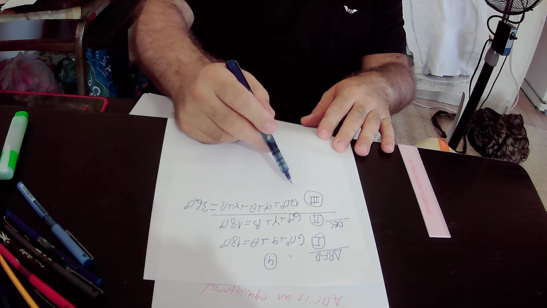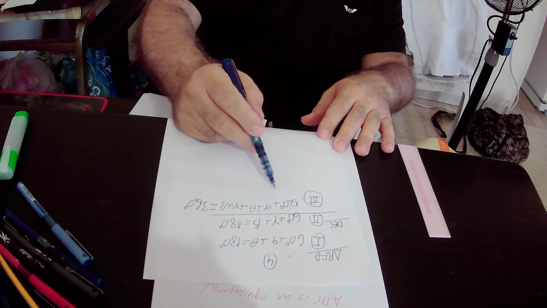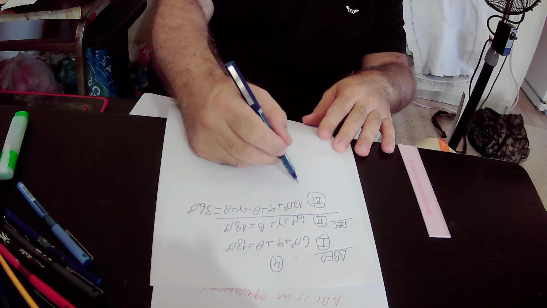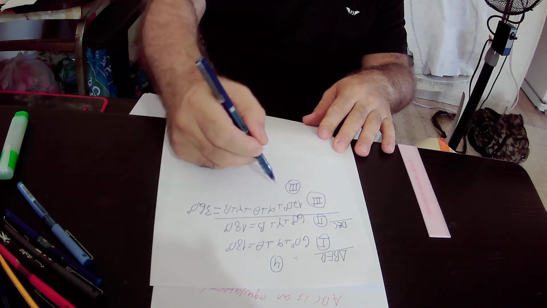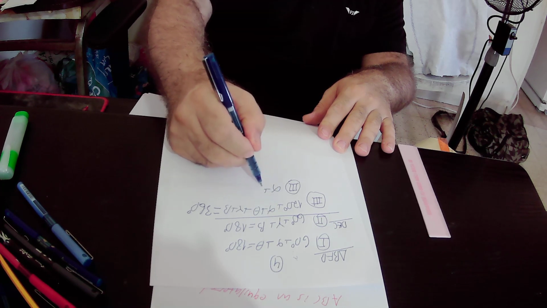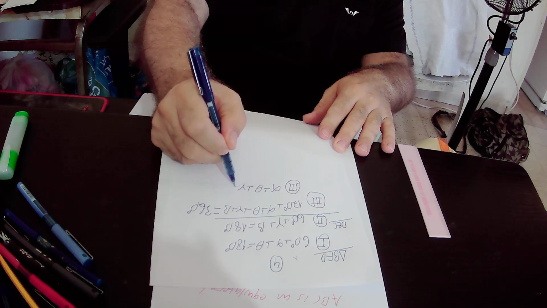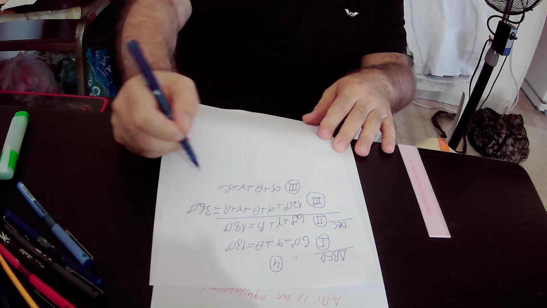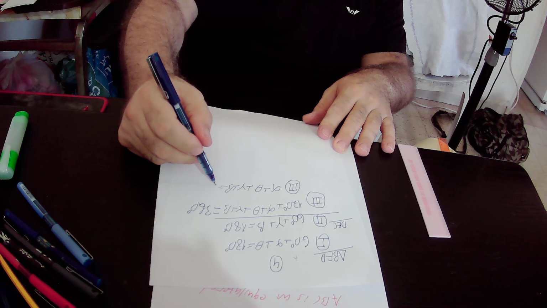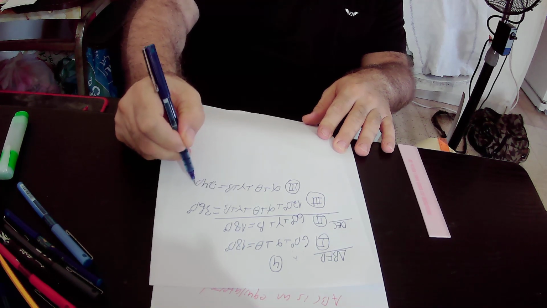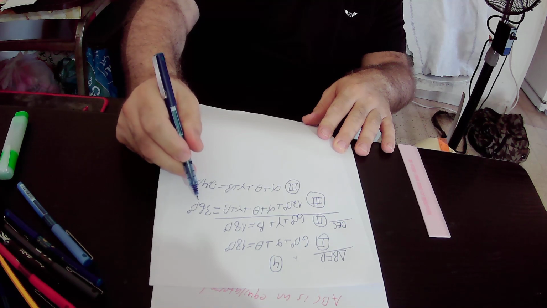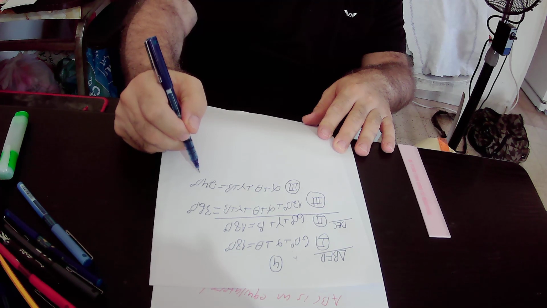Here we will subtract 120 degrees from equation number 3 and we will get that alpha plus theta plus gamma plus beta equals 240 degrees, because 360 degrees minus 120 degrees equals 240 degrees.